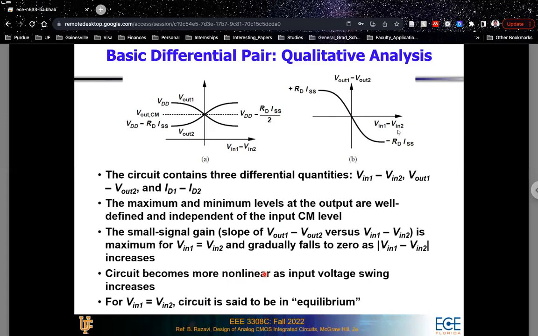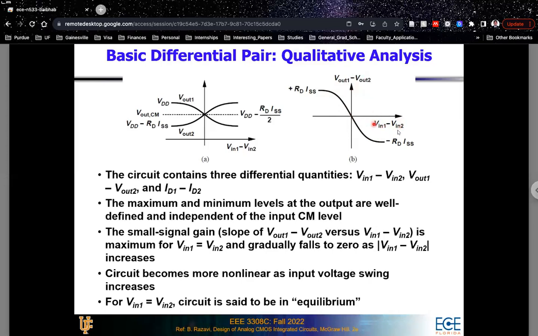But because the transistor's current follows a square law model with respect to its input voltage, it is nonlinear. But in a very small range, you can approximate it to be linear. And this is the nonlinearity that you are seeing, that in a large range of input voltage change, the change in the output voltage becomes nonlinear. But in a small range where VIN1 minus VIN2 is almost equal to 0, you can approximate the change in the output to be a linear function of the change in the input.